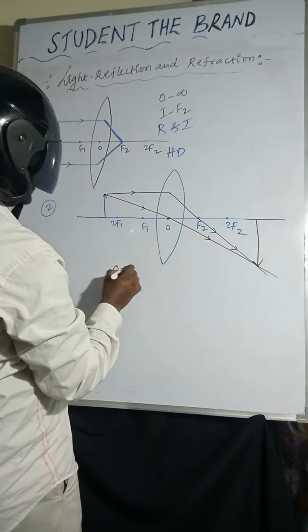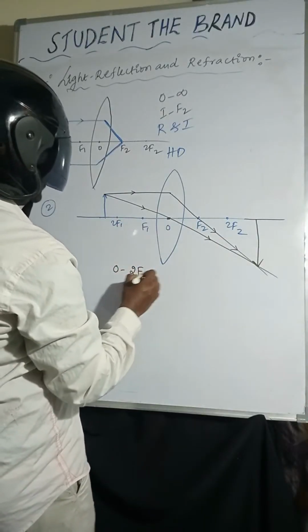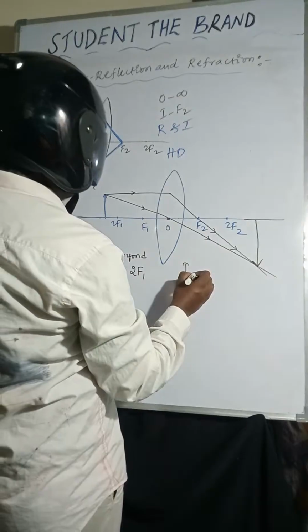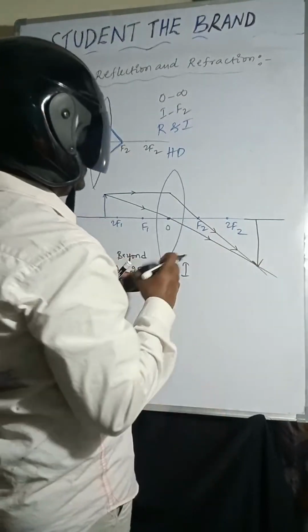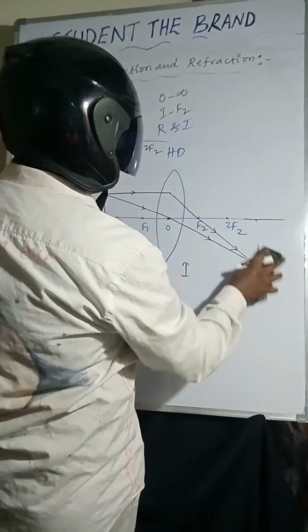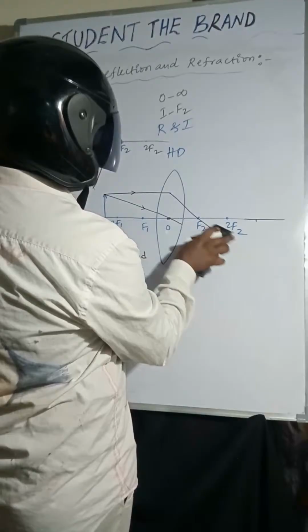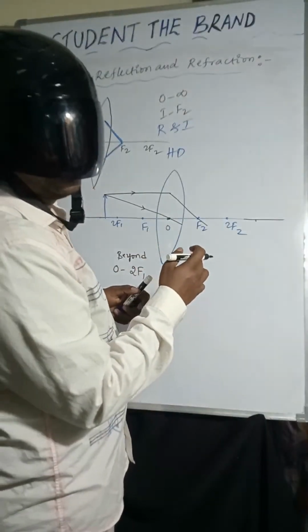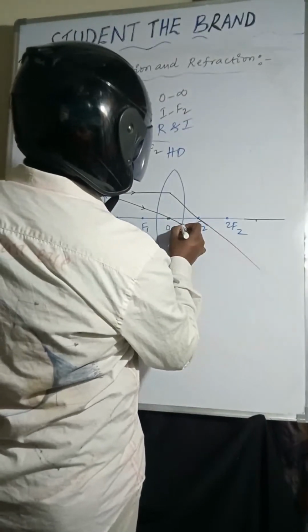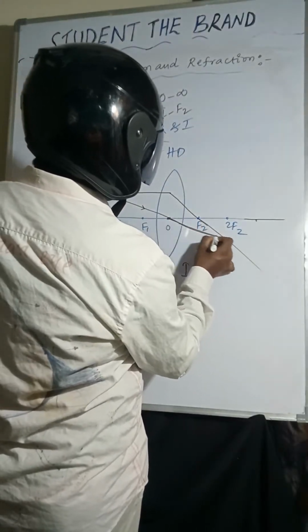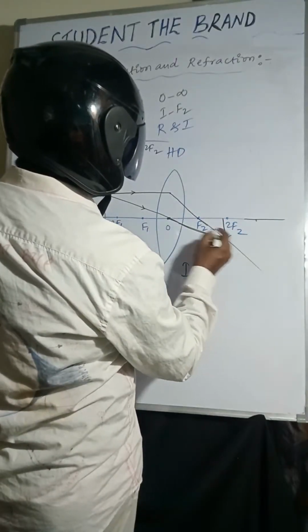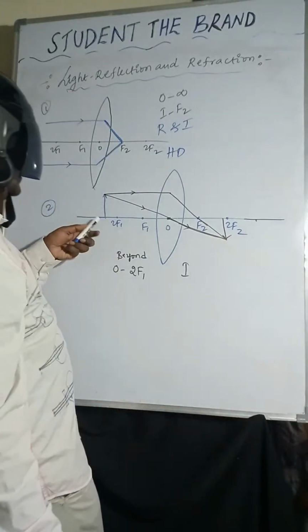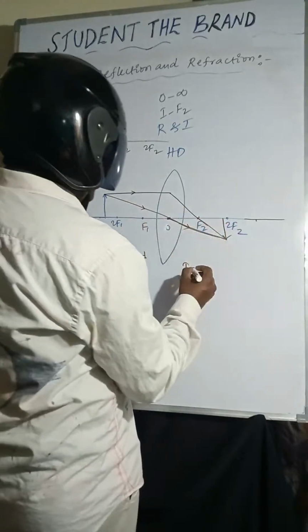So object is placed beyond 2F1, image will form between F2 and 2F2.